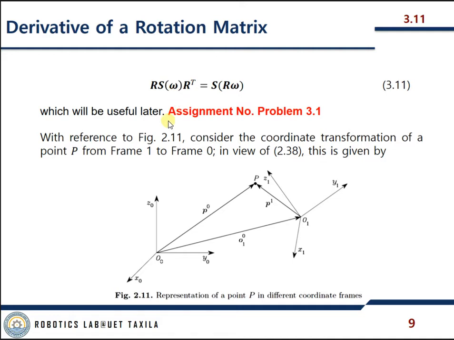So this is assignment problem 3.1 for the students who are attending my lectures. With reference to figure 2.11, consider the coordinate transformation of point P from frame 1 to frame 0. So this is the point P. We are going to transform from frame 1 to frame 0. This is given this way: first move in this direction and then move in this direction.